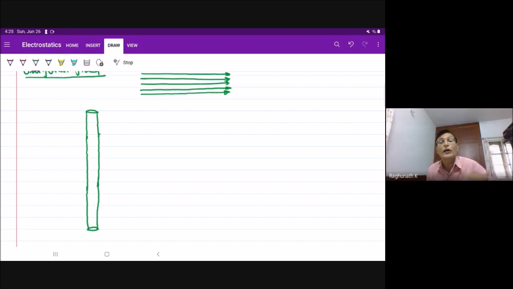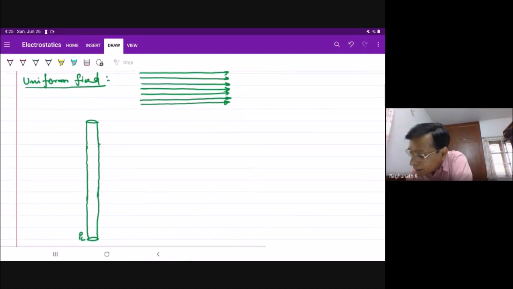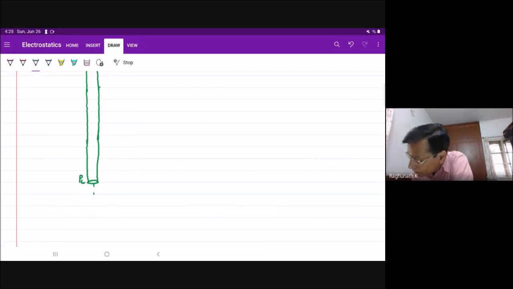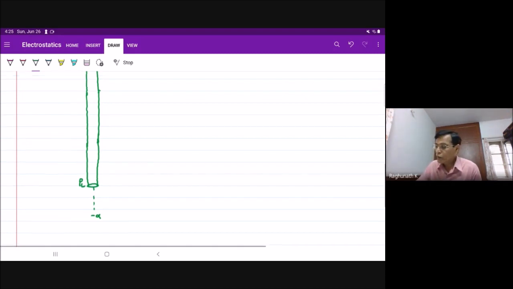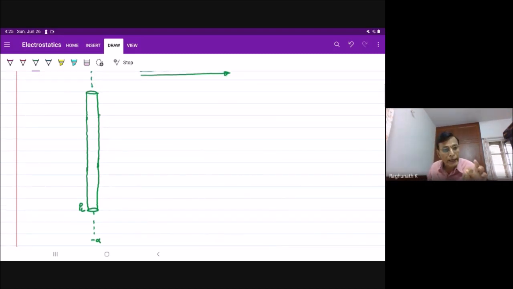This is having the charge of charge density rho L. This goes to plus infinity like this, and minus infinity. One thing is sure for us. Even before deriving the expressions, we saw that if there is infinite line charge, field is cylindrically symmetric.